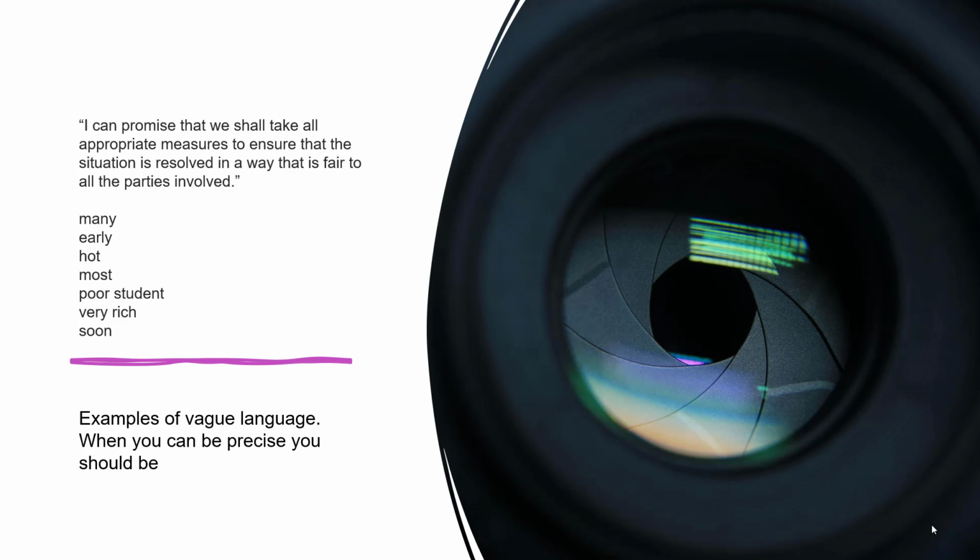It's really vague because it doesn't specify what kind of measures. And fair to all the parties involved, like in what way? If there are people or parties that are in a conflict, what is fair to one isn't necessarily fair to the other. So this is language that is intentionally vague, right? Because then you have a way out, you don't really commit.